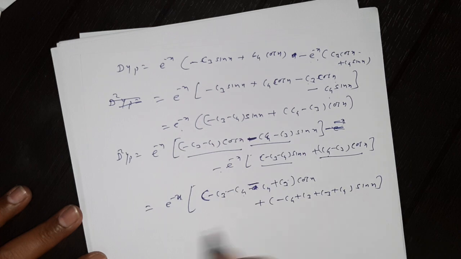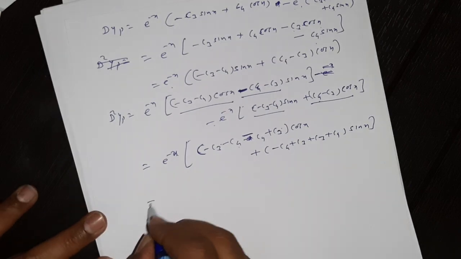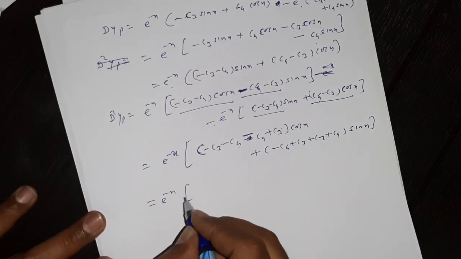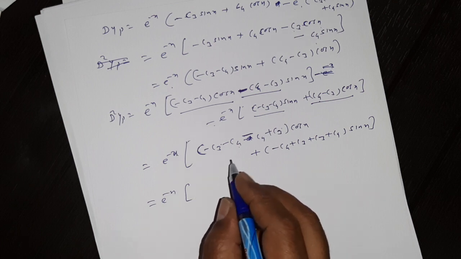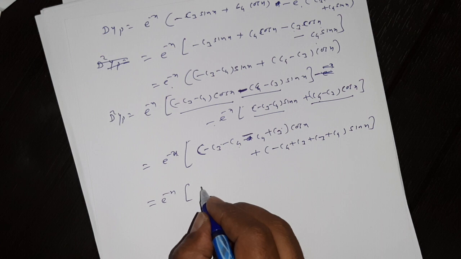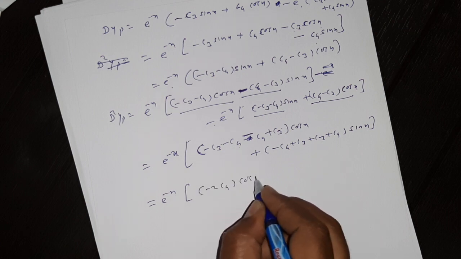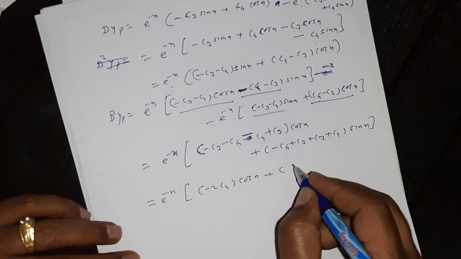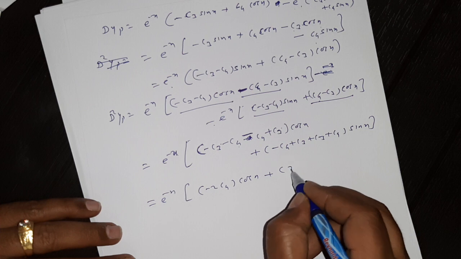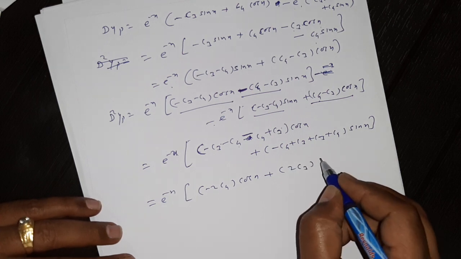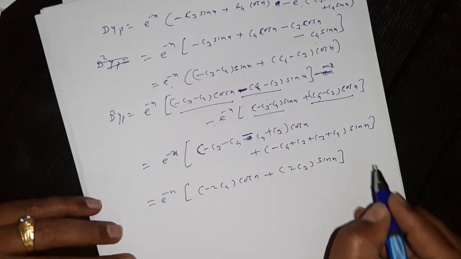And so we have e raised to minus x in bracket minus 2c4 cos x plus 2c3 sin x.